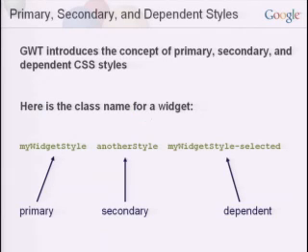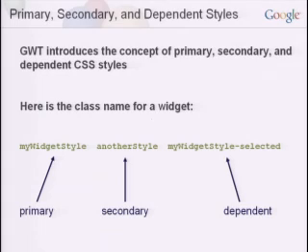Now, here's something that was added in 1.4, and I'm going to explain how it works before I explain why it's there, so it's a little confusing, but hopefully this will clarify it. GWT has the concept of primary, secondary, and dependent styles, right? These are our concepts. It's not like CSS defines these.